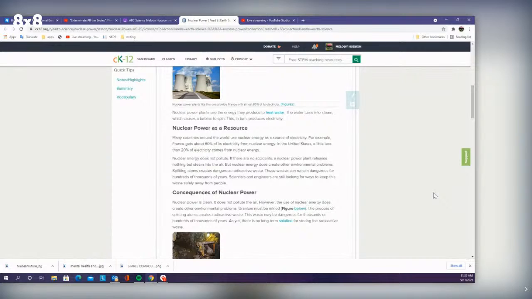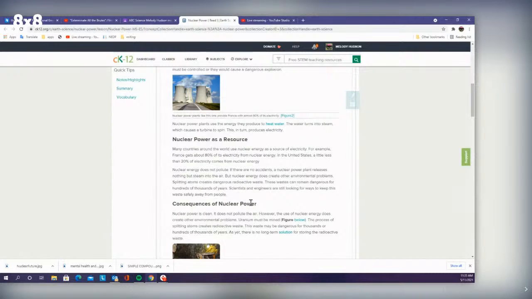Nuclear power is a resource. Many countries around the world use nuclear energy as a source of electricity. For example, France gets about 80% of its electricity from nuclear energy. In the United States, however, a little less than 20% comes from nuclear energy. Nuclear energy does not pollute. If there are no accidents, a nuclear power plant releases nothing but steam into the air, as you can see in our picture here.